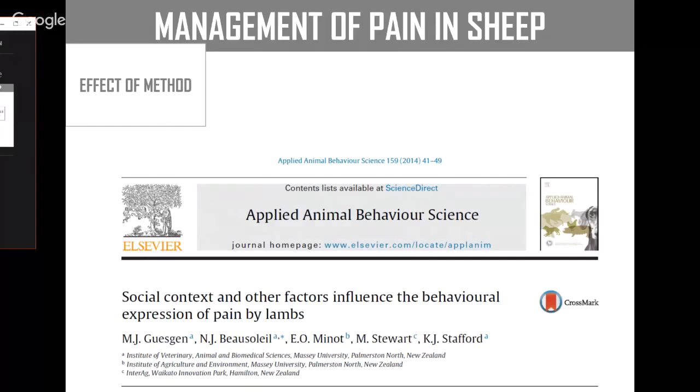And in this particular study, it was found that when lambs are subjected to a painful practice in presence of another lamb, the perception of pain may be less than when the same thing is done without the presence of a conspecific. So it's not only how we do it, but also the social environment and obviously the physical environment as well, which may modify pain perception.